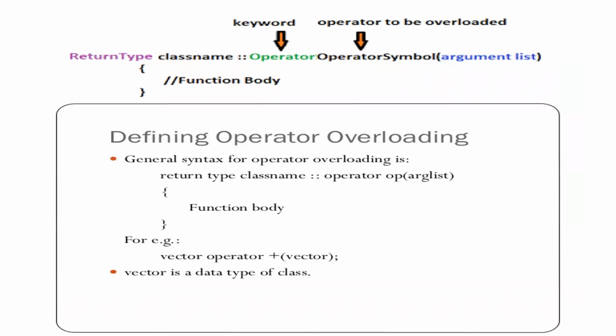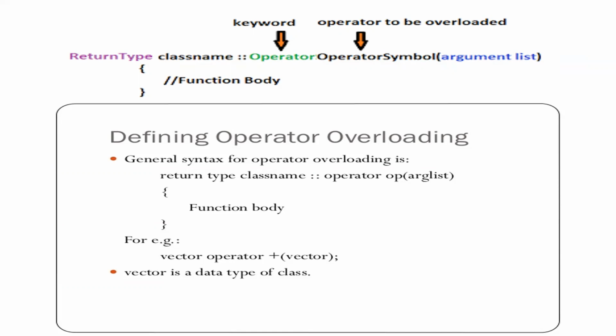Now, earlier we said that it is a special kind of function. So look at the top of the screen. It says this is the syntax of the function. Return type, we give the return type of the function, then the name of the class to which the function belongs. Operator is the keyword. Keyword means this has to be added along.